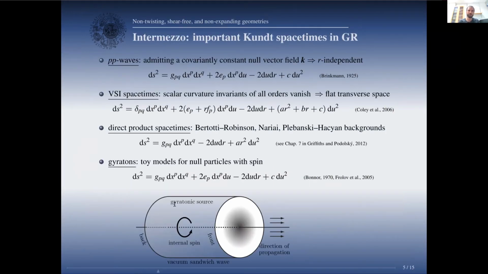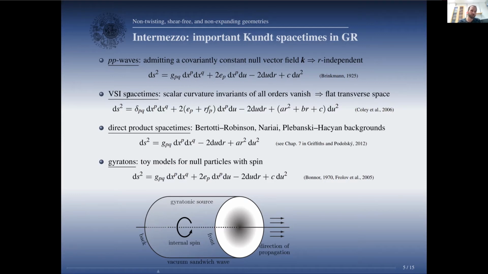And it exactly corresponds to the Kundt class. And here I have a small intermezzo. I would like to illustrate that Kundt spacetimes are really important in GR. Probably all of you know pp-waves, defined as spacetimes admitting a covariantly constant null vector field. So obviously all the optical scalars are vanishing, and the metric corresponds to the metric I have written in the previous slide.